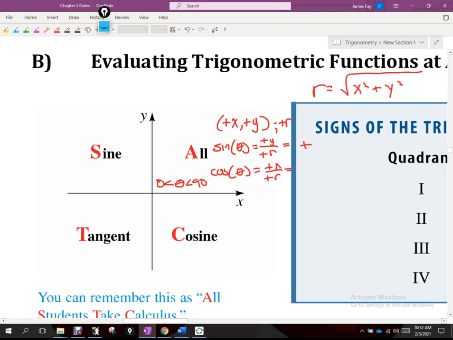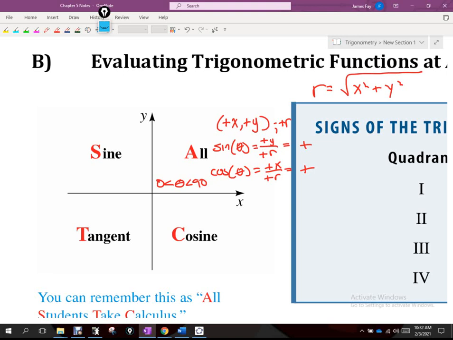So positive divided by positive is positive. Okay? And then the way I only remember those two is because I already know that tangent is sine divided by cosine. If I take a positive sine divided by a positive cosine, tangent in the first quadrant is going to be a positive divided by positive, right? Which is just positive. Everything in the first quadrant is positive.